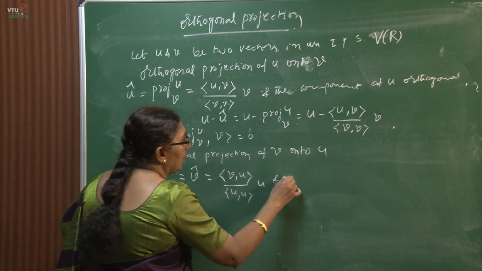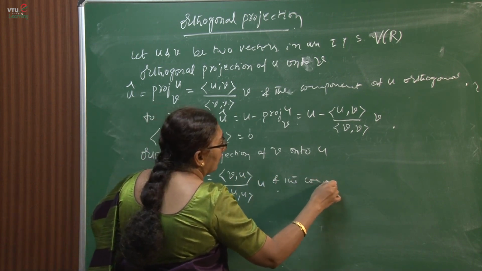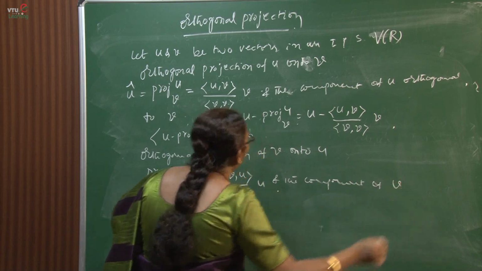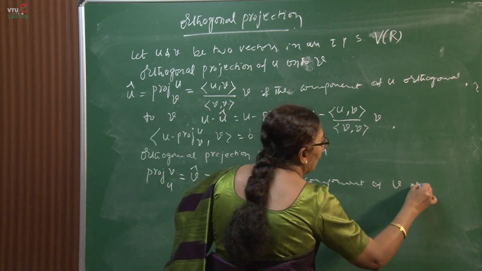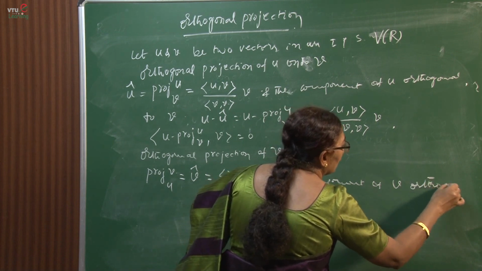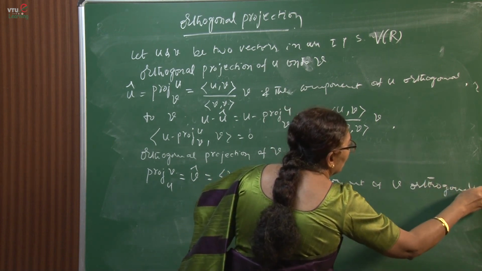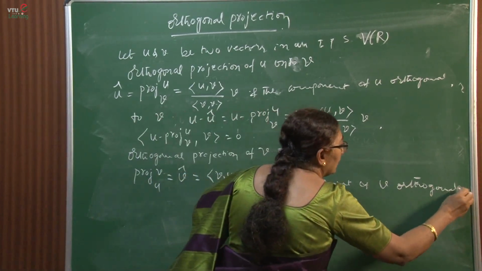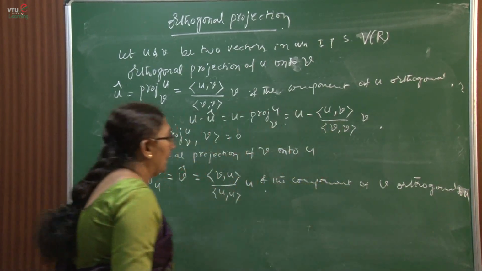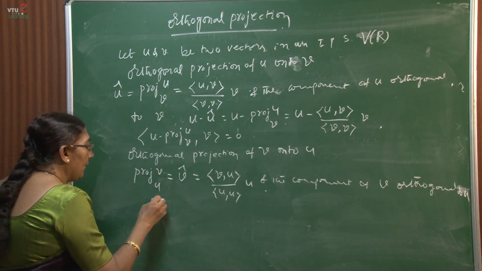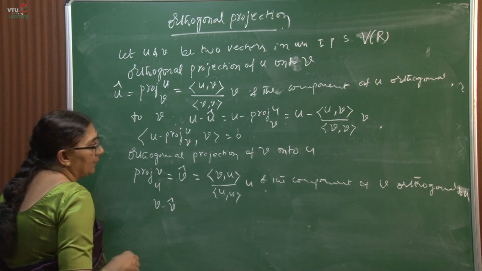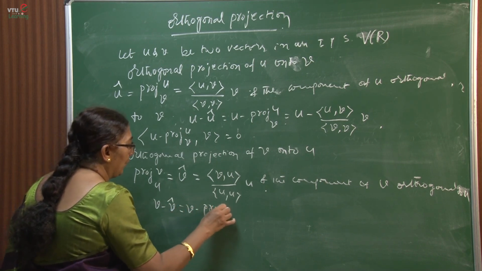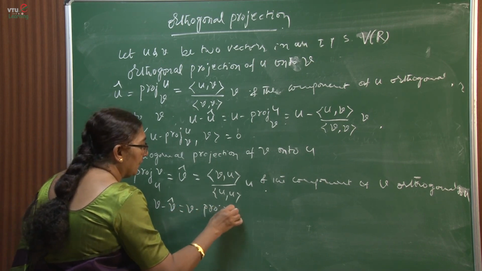In the same way, the component of v orthogonal to u is v minus v cap, which is v minus proj of v with respect to u.